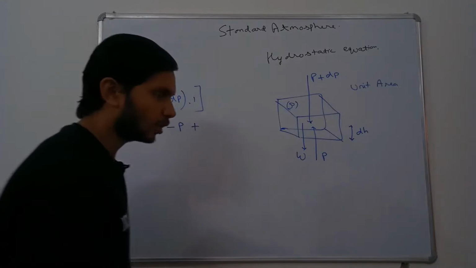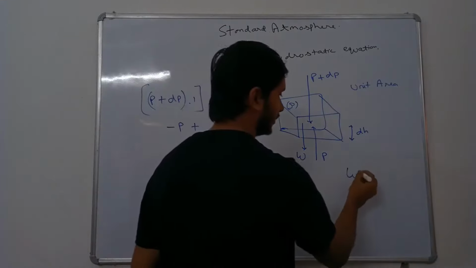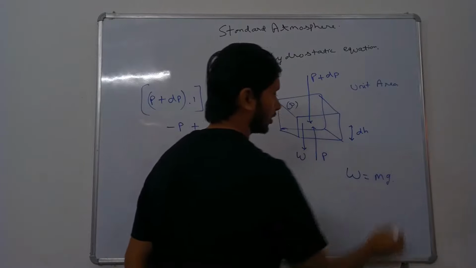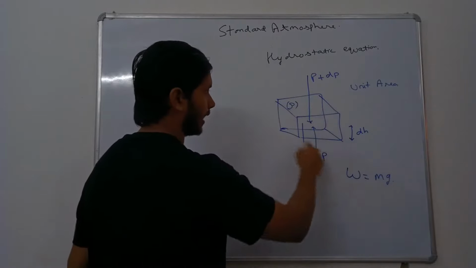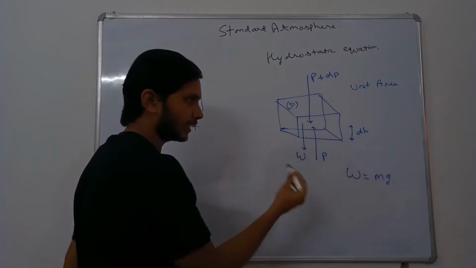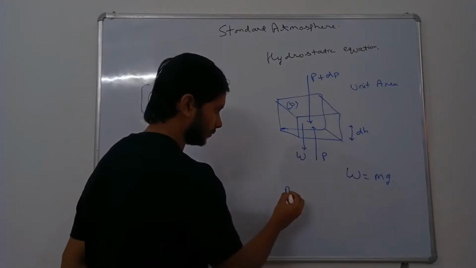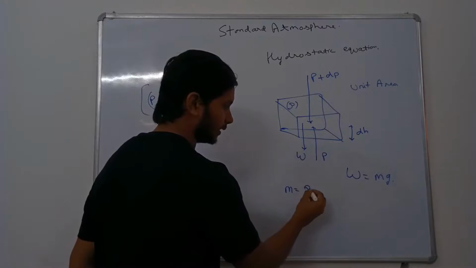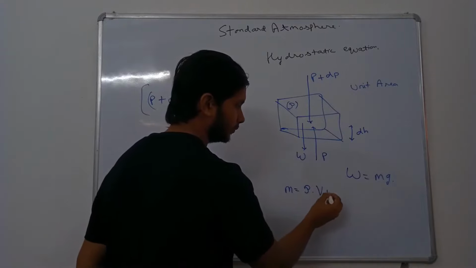Now what is weight? Weight is mg, mass into acceleration due to gravity. You don't know the mass of this element, but you know its density, and mass equals density into volume.